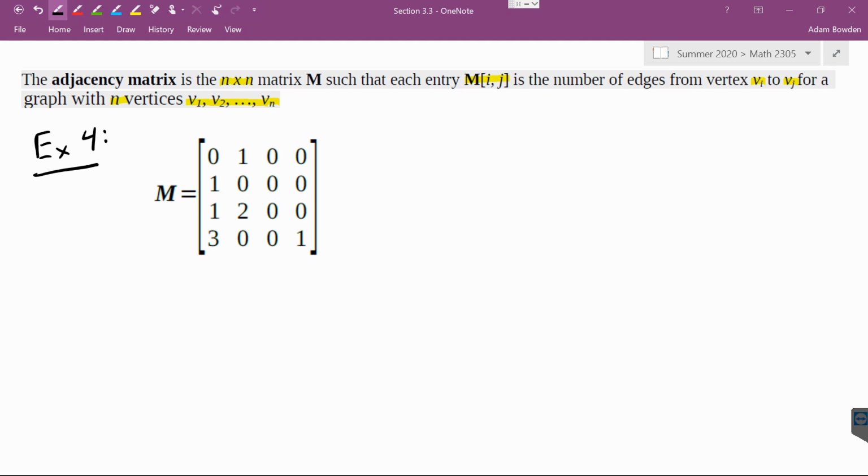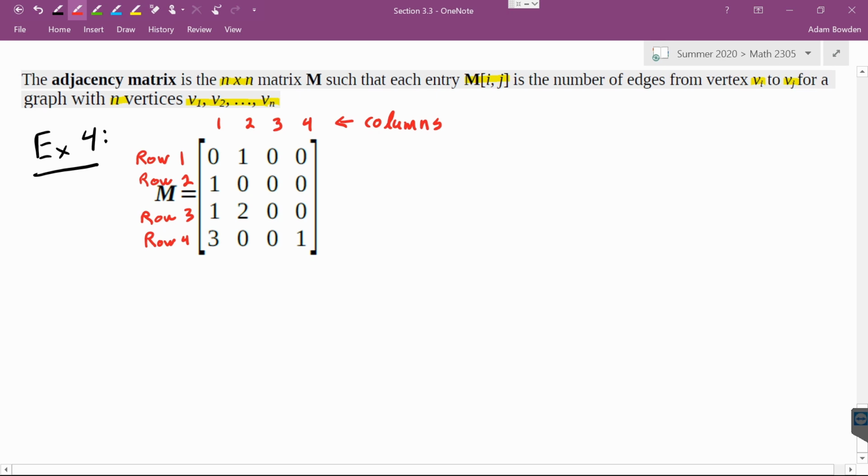So what we're going to do here is take this matrix, which we'll consider as the adjacency matrix, and draw the digraph that goes with it. So what I'd like to do first is go ahead and think about what each of these would be numbered as, such as row 1, row 2, row 3, and row 4. Then we have column 1, column 2, column 3, column 4.